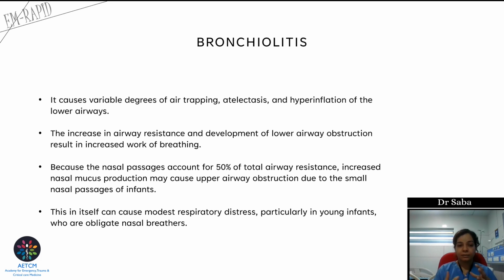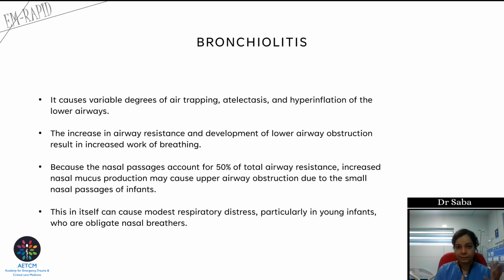And increased nasal, or rather mucus production, will cause upper airway obstruction, because the nasal passages are smaller in the pediatric age group, which is why the obstruction will be more predominant with even a minimal amount of mucus secretions. And this will again add on to the airway resistance, hence increasing it.